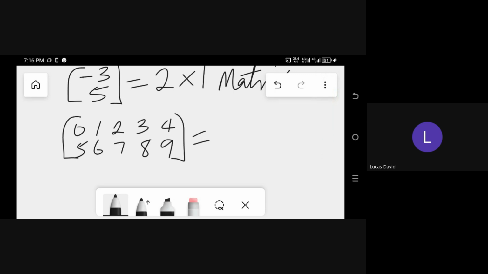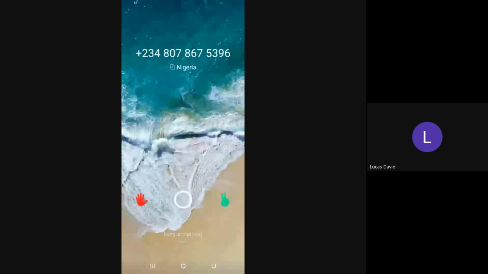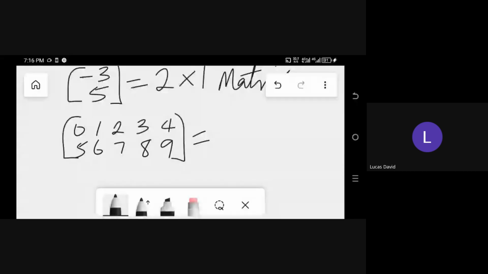No, it will be a 2 by 5 matrix. Hello, who will help identify all of these? 2 times 5 matrix.